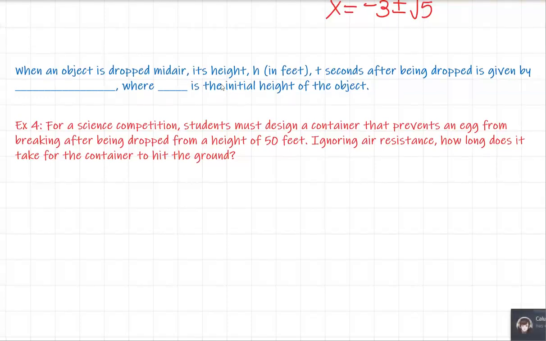When an object is dropped mid-air, its height h, in feet, t seconds after being dropped is given by this function: h(t) = -16t^2 + h0, or h naught in physics and higher level math, but you can just say h0 for now, where h0 is the initial height of the object.